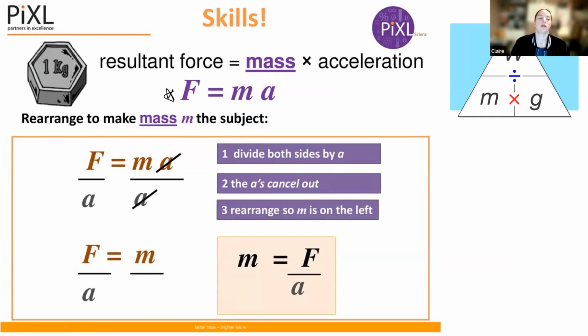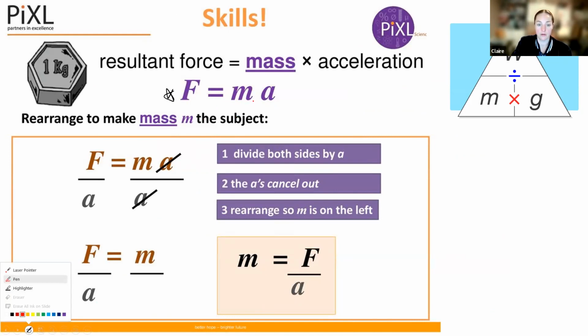So I should really do the proper maths way, because at the end of the day, this is what you're taught. If you need to rearrange, you need to make sure that whatever you're rearranging it to is the only thing on that side.